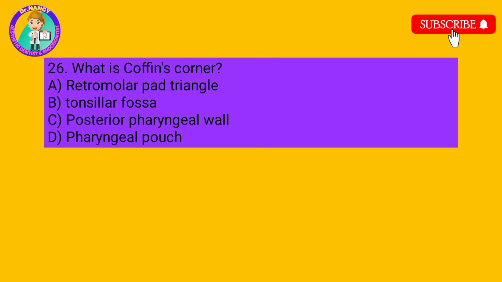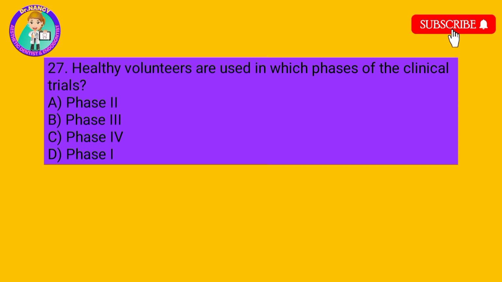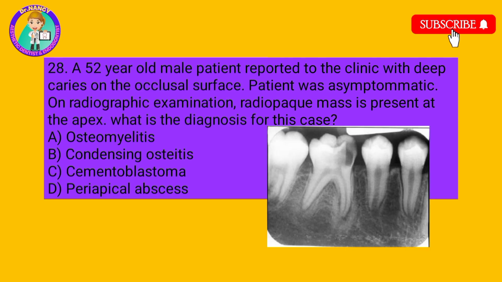Retromolar pad triangle, tonsillar fossa, posterior pharyngeal wall, pharyngeal pouch. Answer: tonsillar fossa. Healthy volunteers are used in which phases of the clinical trials? Phase 2, 3, 4, 1. Answer: phase 1. A 52-year-old male patient reported to the clinic with deep caries on the occlusal surface. Patient was asymptomatic.